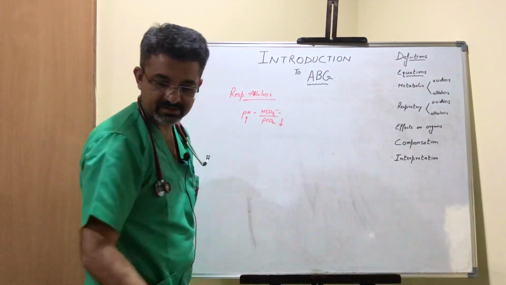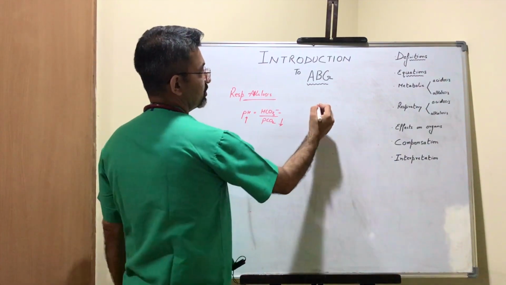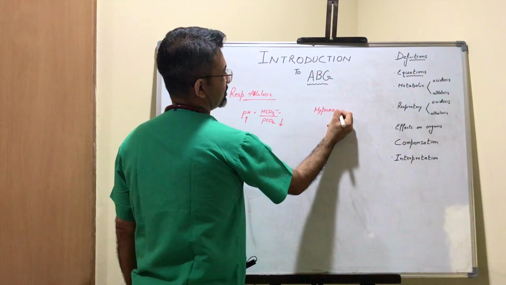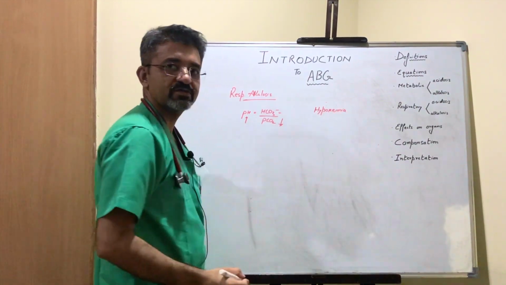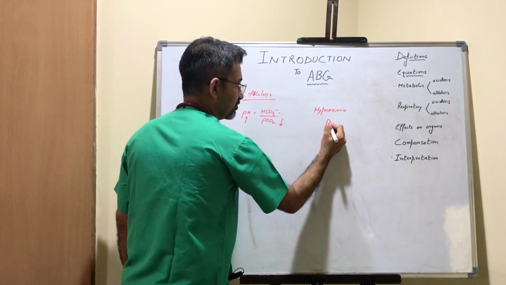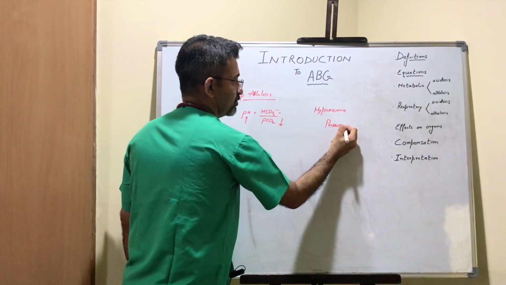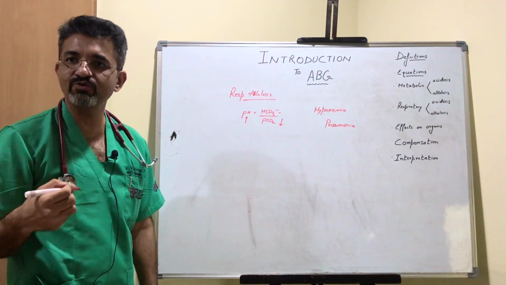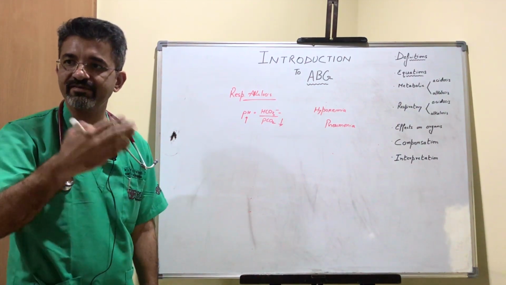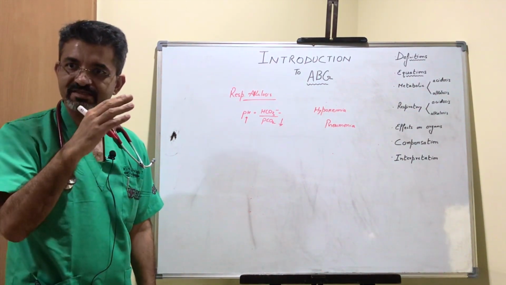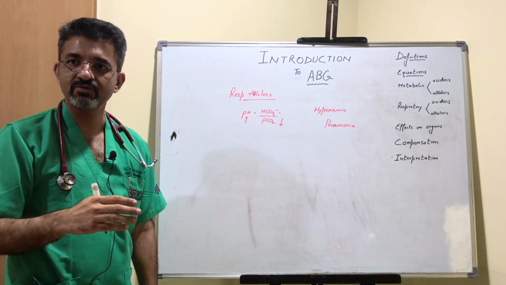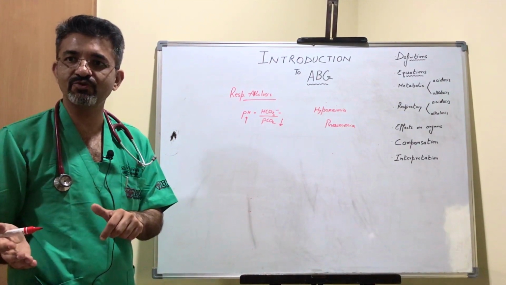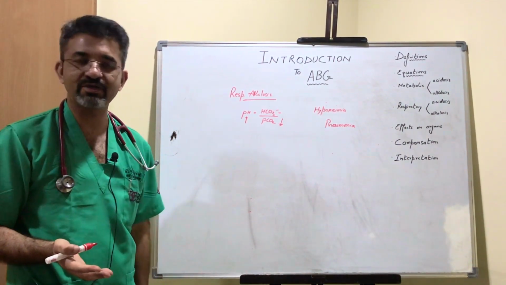Suppose for any reason you have hypoxemia. Say for example you have pneumonia. So your PO2 goes down. So what will your body try to do? It will increase your respiratory drive to compensate for the lack of oxygen. So once the lack of oxygen is compensated, what will happen to your PCO2? The partial pressure of PCO2 will go down.